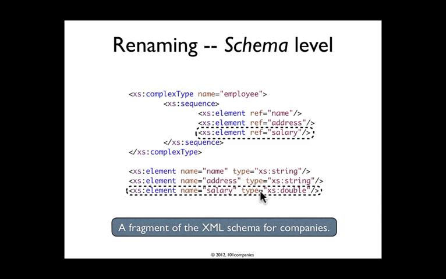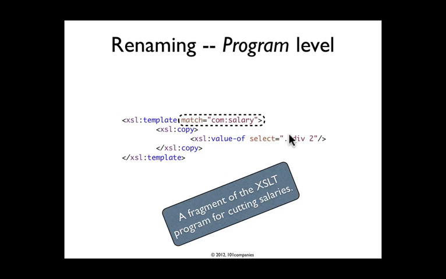Here's the declaration, and here we refer to that declaration. So obviously, if you do the renaming at the schema level, it means that we also need to rename these declarations and references.